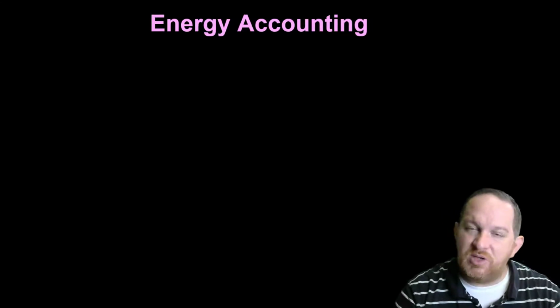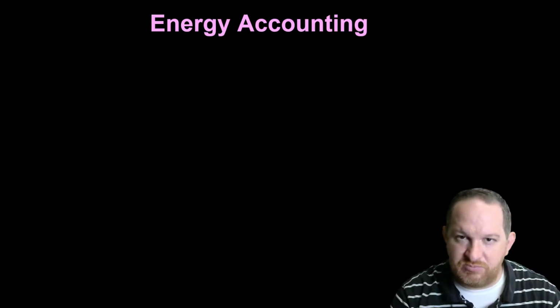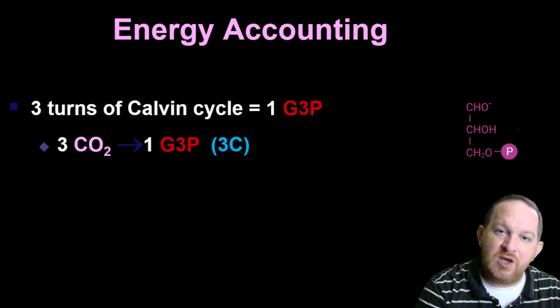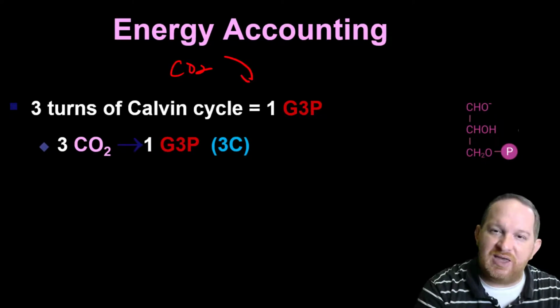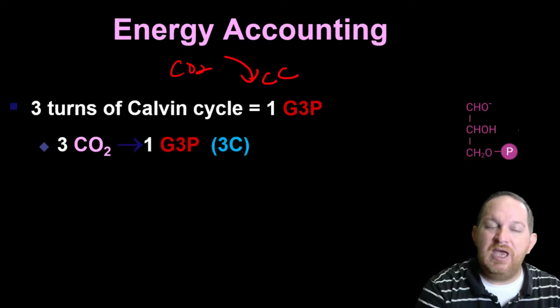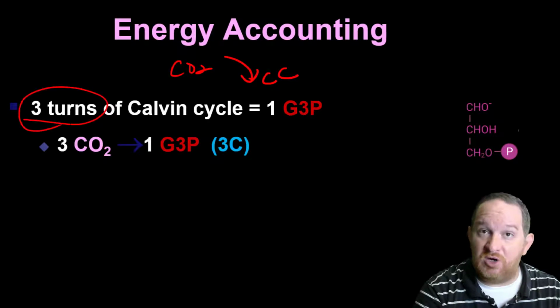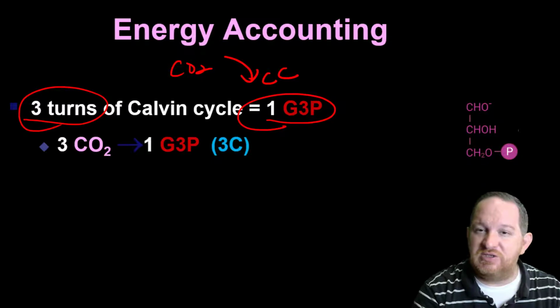Okay, so let's do some energy accounting, and this can be a little tricky. So think about this. If CO2 is what's going into the Calvin cycle, it really takes 3 turns of that Calvin cycle to get 1 G3P, right? Because a G3P is a 3-carbon sugar, as you see there. And it would take 3 carbon dioxides to do that.